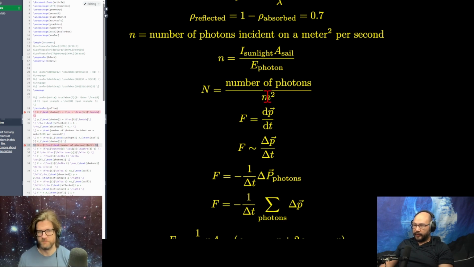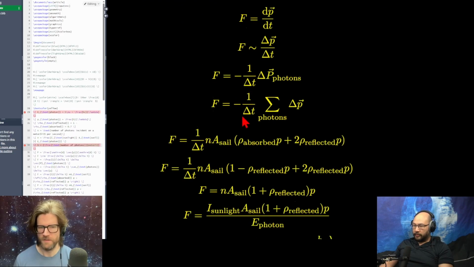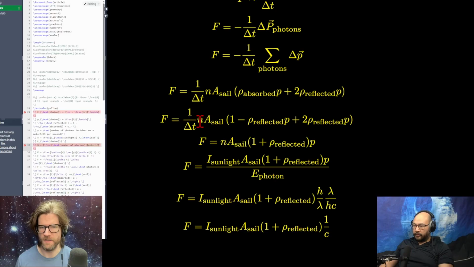You want a number of photons per meter squared? Yeah. So then in the force equals 1 over time n times a, down there, that should be a capital N. That's one line above it.